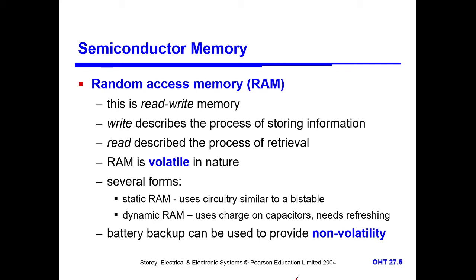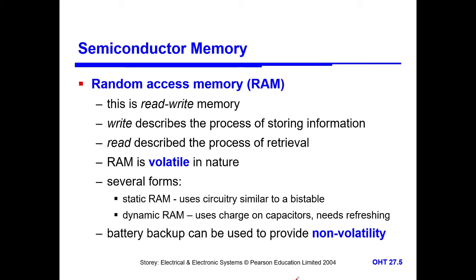RAM is volatile in nature, meaning that if the power suddenly goes off, the stored data is lost. There are several forms of RAM. One is static RAM, in short SRAM. The next one is dynamic RAM, in short DRAM.